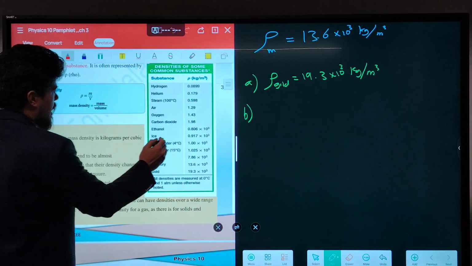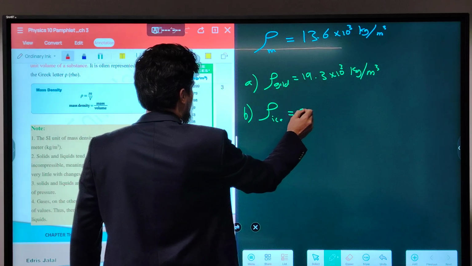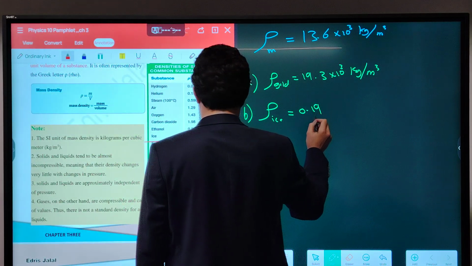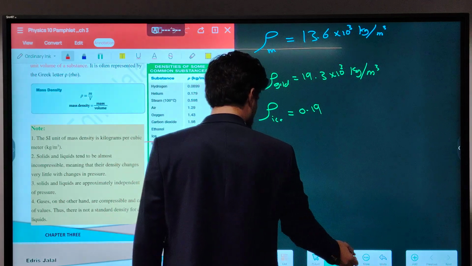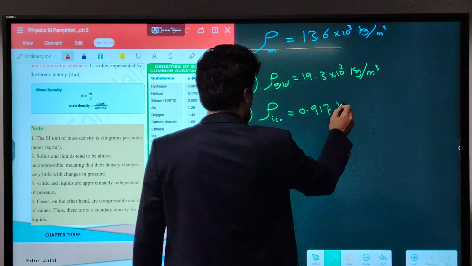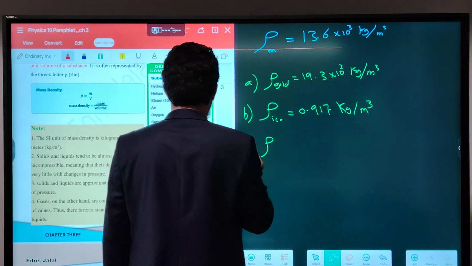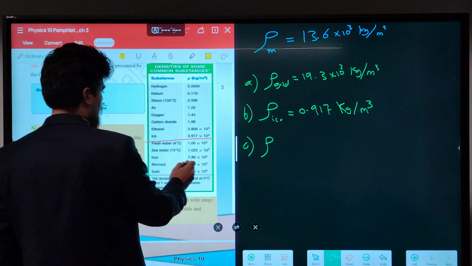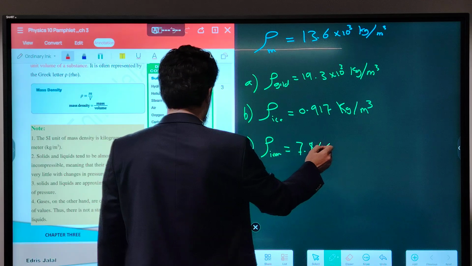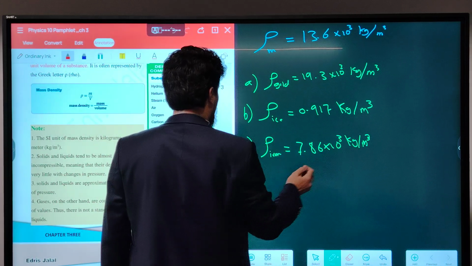The density of the ice cube is 0.917 times 10 power 3 kilogram per meter cube, and the density of the iron bolt is 7.86 times 10 power 3 kilogram per meter cube.